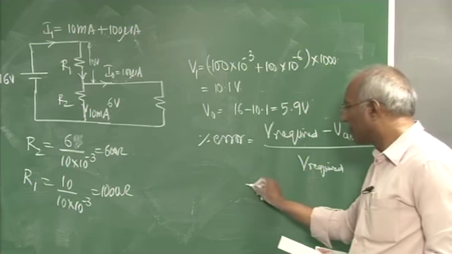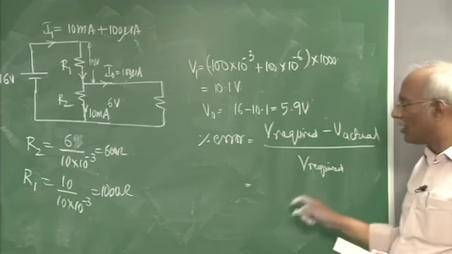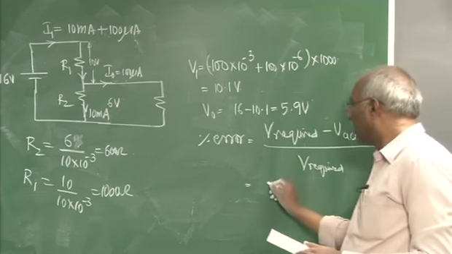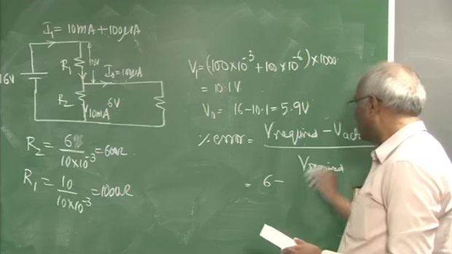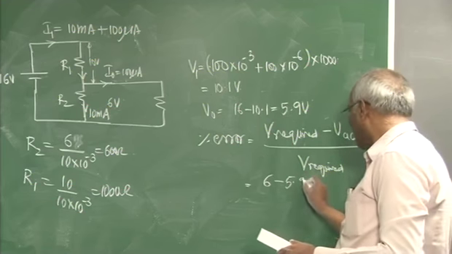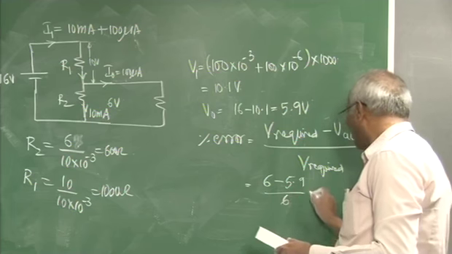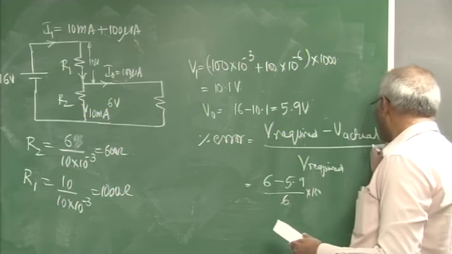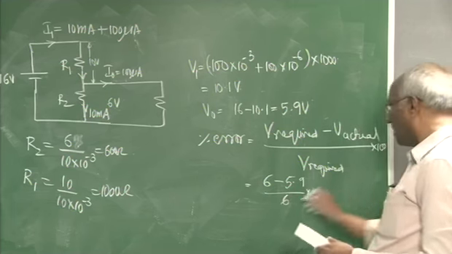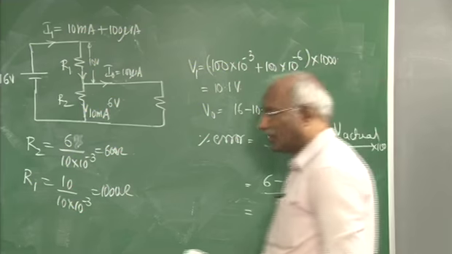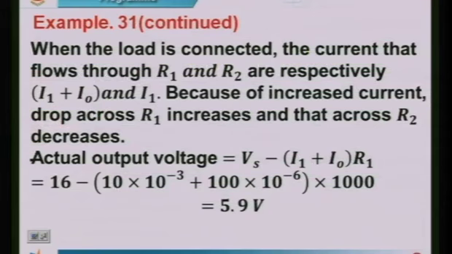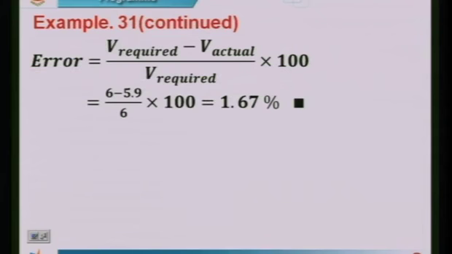So there are different ways of representing the percentage error. If you go for this, the required voltage is 6, minus V actual 5.9, divided by 6, into 100 will give you the percentage error. That comes to 1 point something or so, 1.67%.